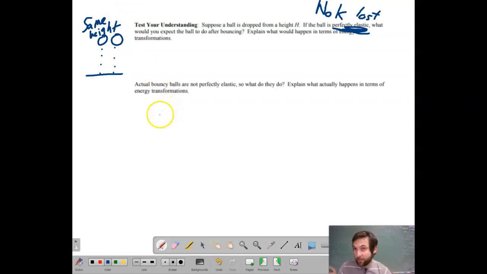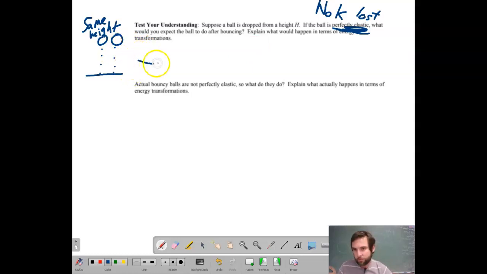There's no energy leaving. So this is what we would call perpetual motion. But perpetual motion doesn't exist in the world as we have found so far.